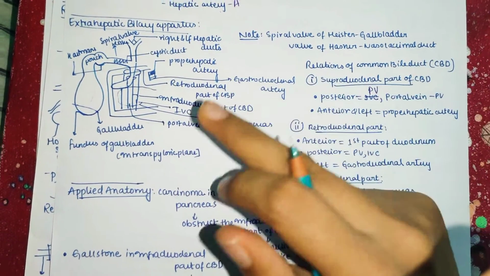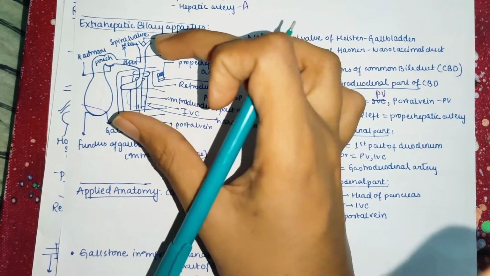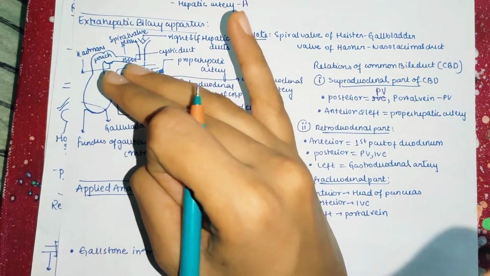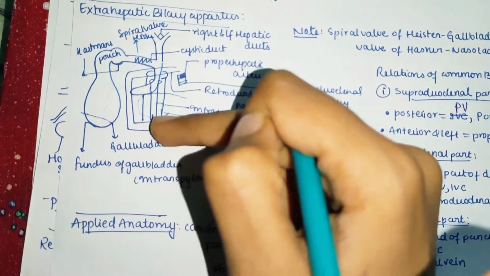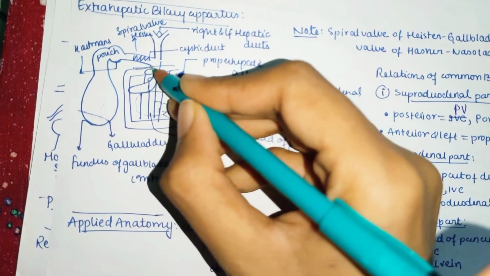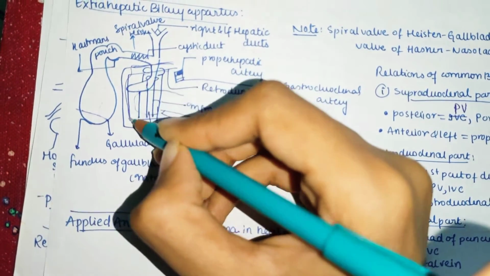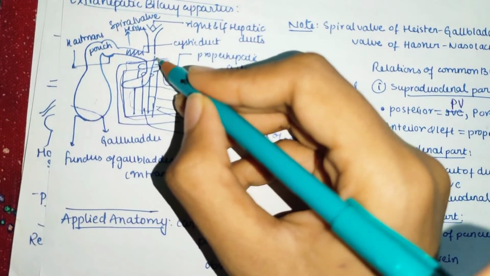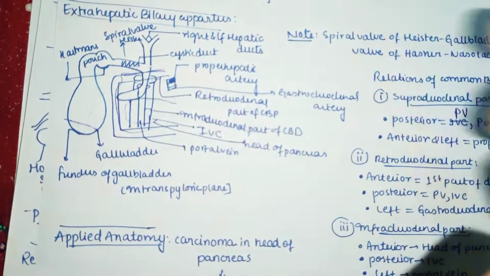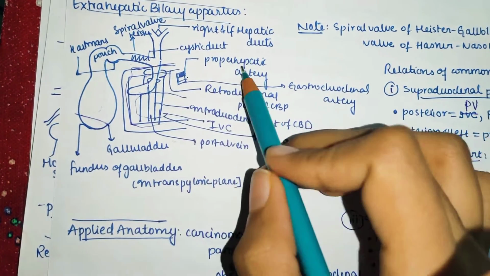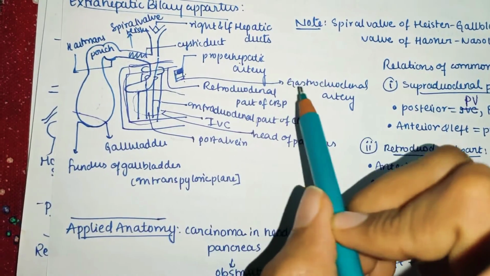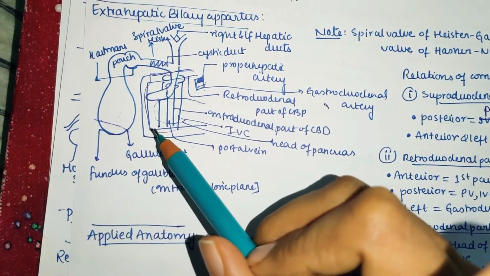So next, one more thing is you know that the cystic duct and common bile duct are in relation to the first part of duodenum. You can see this is duodenum, and it is divided into supraduodenal part, retroduodenal part, infraduodenal part. And just beside it you can see the proper hepatic artery and below it you can see gastroduodenal artery.